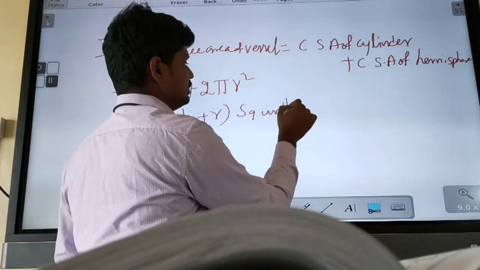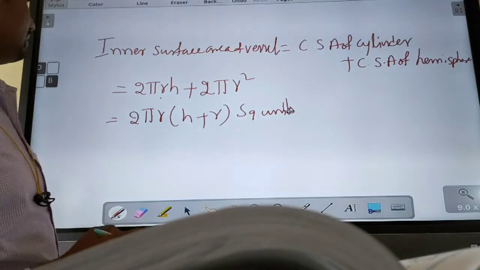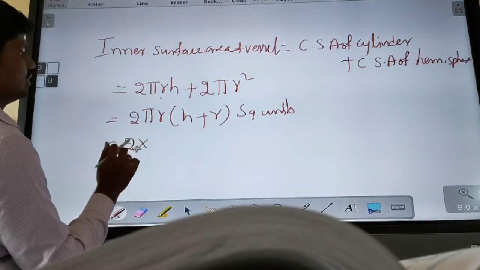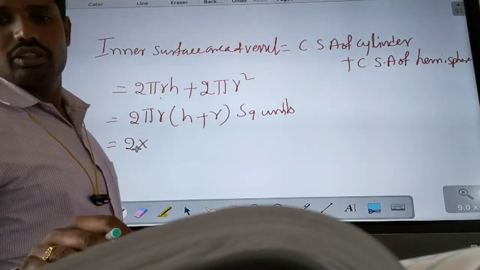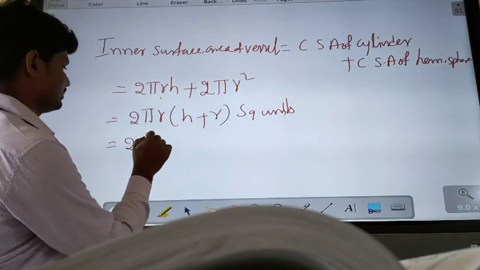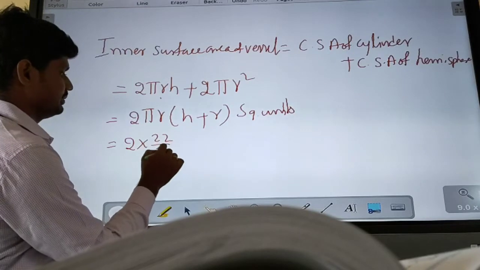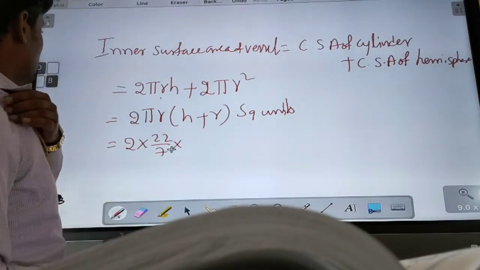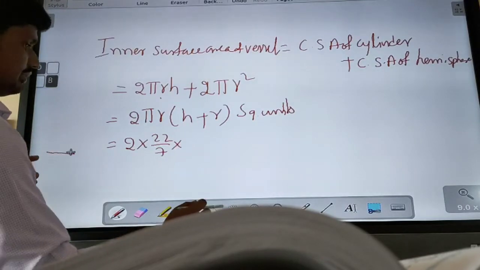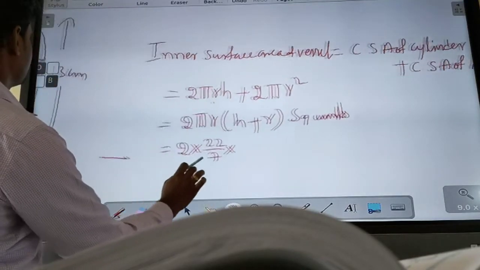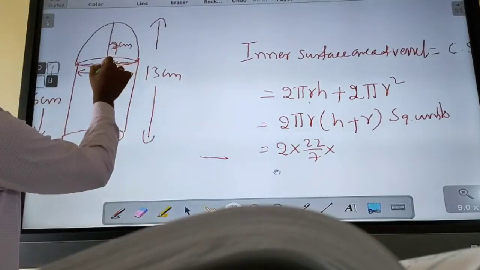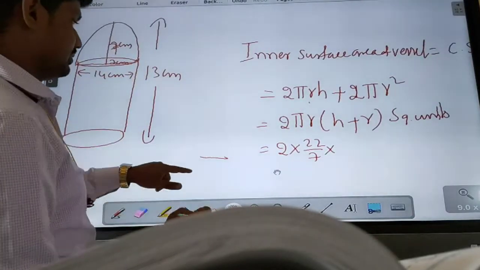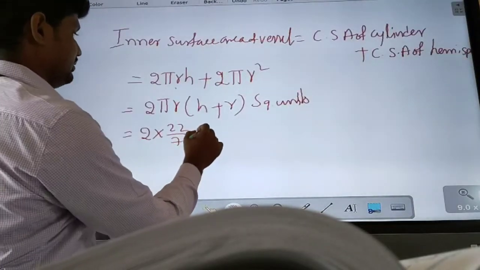Now substitute the values. So 2 into pi value, we should write 22 by 7 in this problem. Pi value is constant, no? The value of r means radius, no? What is the value of r, children? 7 cm.